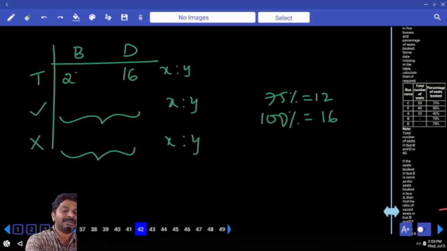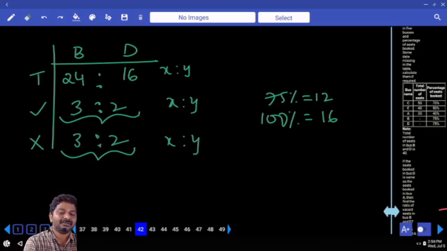Then in B, it must be 24 because the sum must be 40, right? Whatever the ratio that we have here for total, the same ratio follows for tickets booked and tickets vacant. 16 and 24, what is the ratio? Then booked tickets are also in the ratio 3 is to 2 and vacant are also in the ratio 3 is to 2. Whatever it is, the ratio is the same.